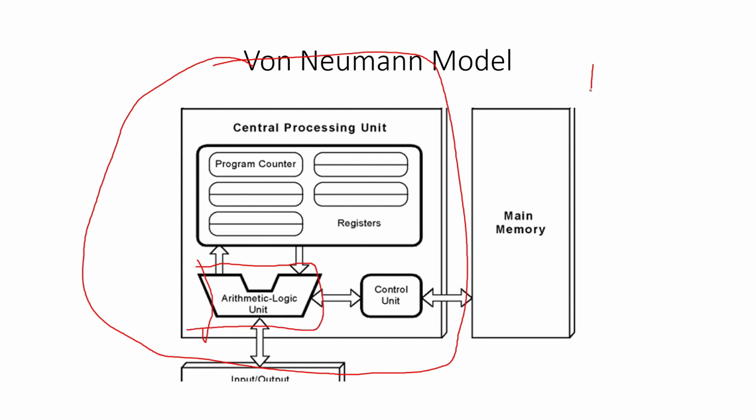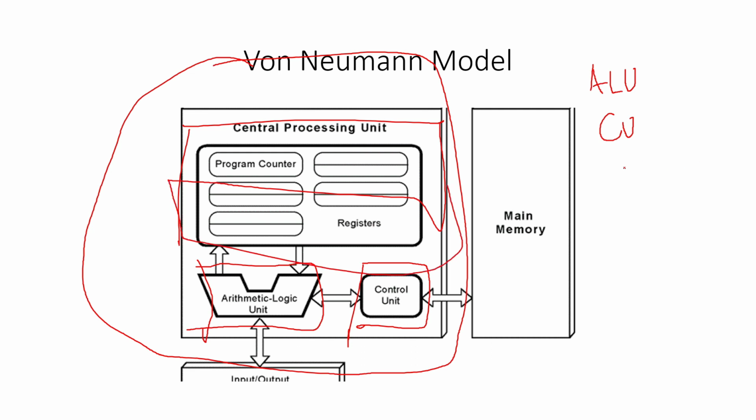You see the control unit, let's just say CU, and you see the registers or program counter. You can include both of them if you like. We can either say the PC, the program counter, or we can have the registers.